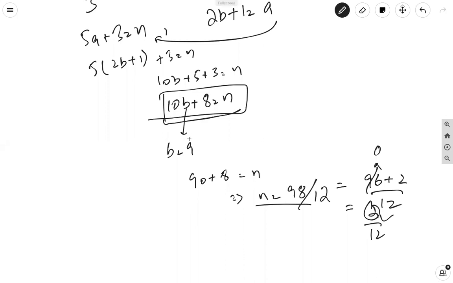The largest possible two-digit number is when b is 9. If you substitute b as 8, this will become 88. For 7, 78. But for 9, this is 98. After 9, this will become 108, a three-digit number. So the largest two-digit number is 98. Okay, got it.